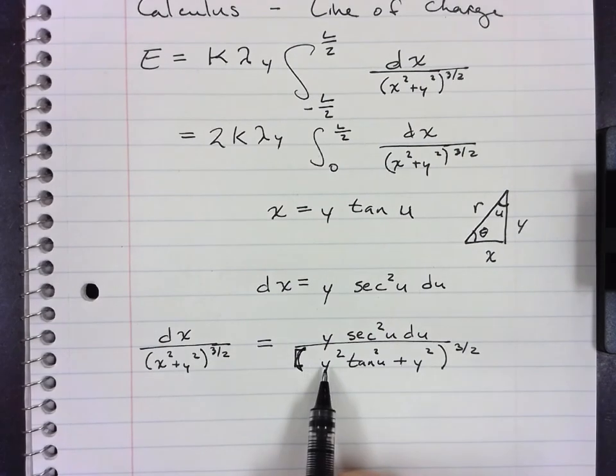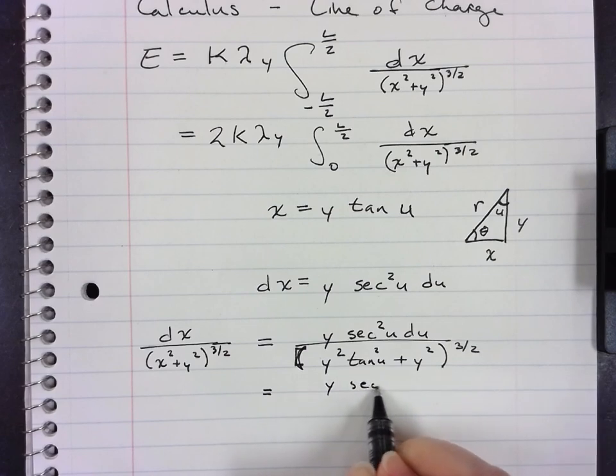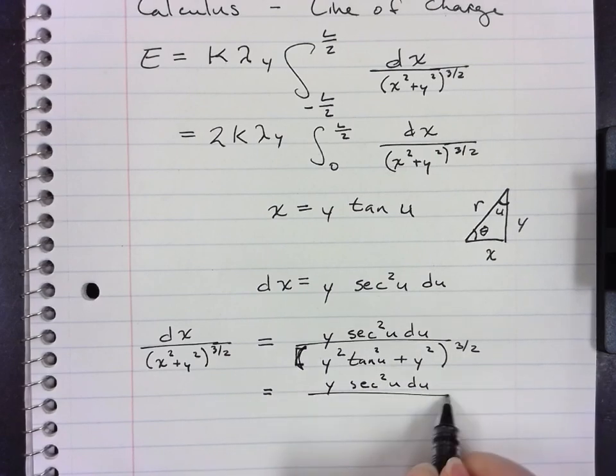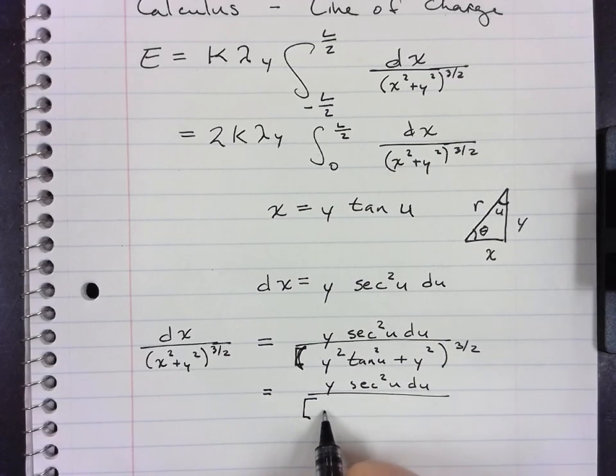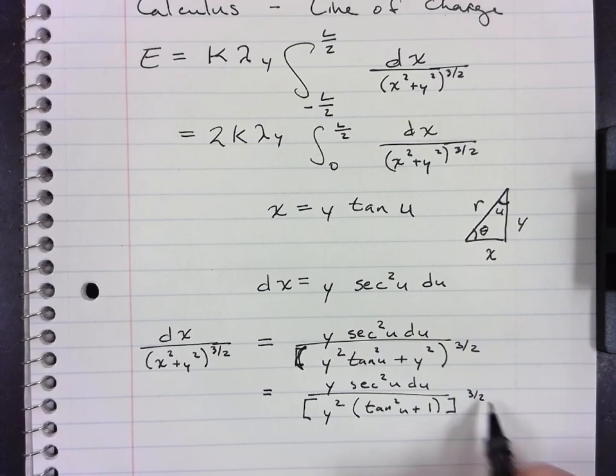Now I can simplify this by pulling out the y squared. So y secant squared u du over, now I will use the brackets, y squared times tangent squared of u plus 1, all to the 3/2 power.